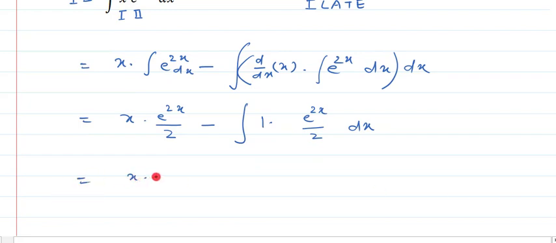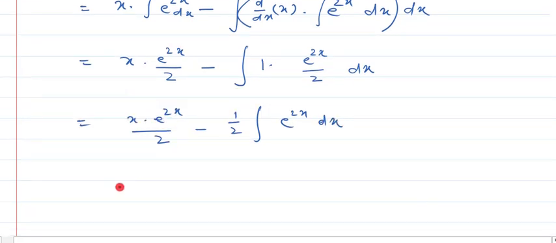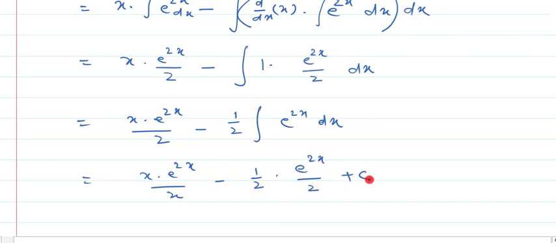So it is x into e power 2x upon 2 minus, taking 1 upon 2 common being constant, integration of e power 2x dx. And now you know very well the integration of e power 2x. So x into e power 2x upon 2 minus 1 upon 2 into e power 2x upon 2 plus c.